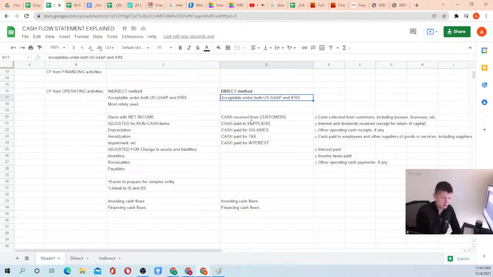Direct method wants you to record your cash inflows from customers, cash paid to suppliers, cash paid for salaries, for tax, for interest, and so on. They just want to show that direct cash. If you have just a few transactions, you can extract that information from your transaction list.